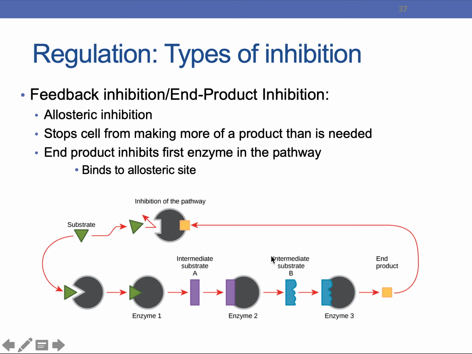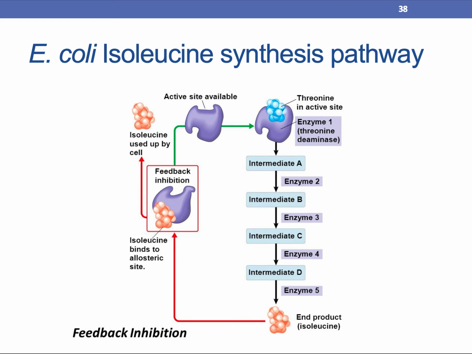Practically, this happens in E. coli. E. coli synthesizes isoleucine, which it needs for cell growth. But isoleucine is controlled by feedback inhibition or end product inhibition. So you have the enzyme, that's the active site. You have threonine, which is a substrate that attaches to it.